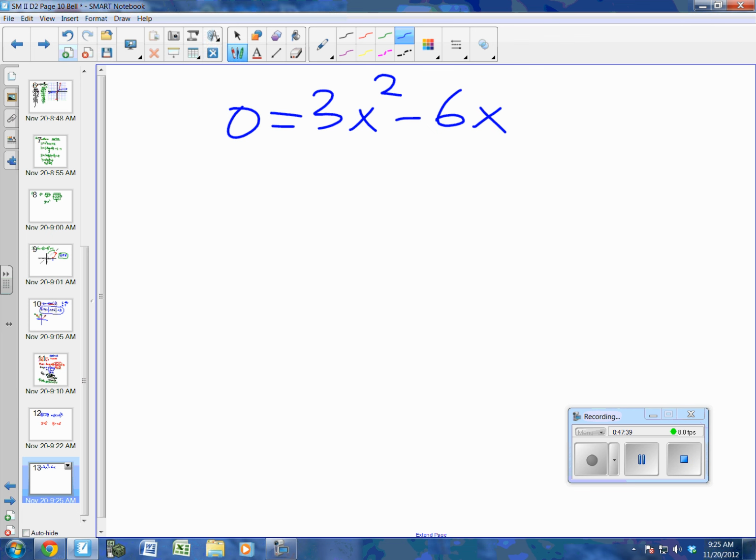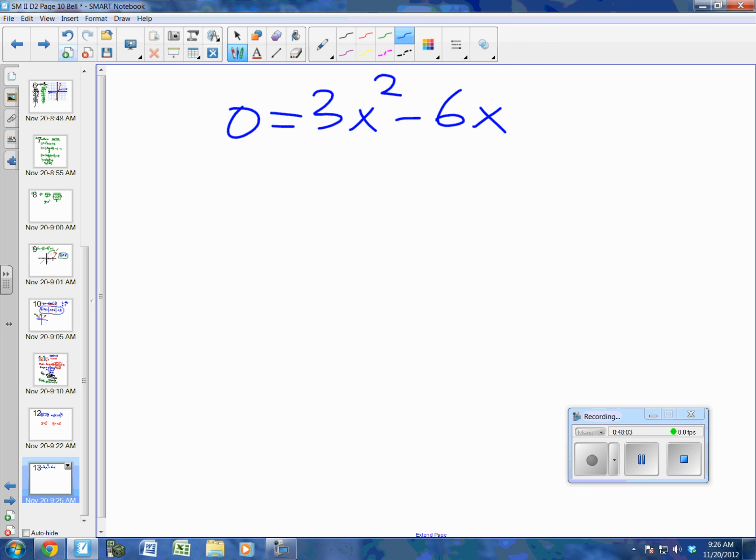It's quadratic. How can you tell? It's squared, right? And so whenever we set a quadratic equation equal to 0, it means find the zeros. So I could have written this as y equals 3x squared minus 6x, and I could have said find the zeros, and you would have replaced y with 0 to find the zeros, okay? The zeros are what? The x-intercepts.